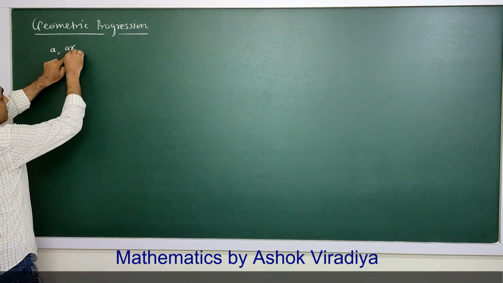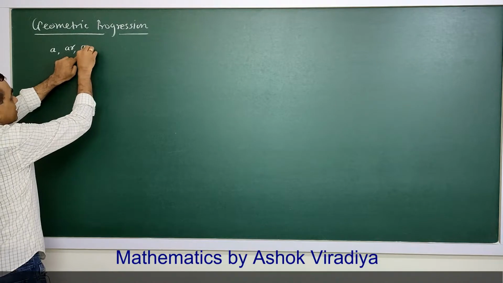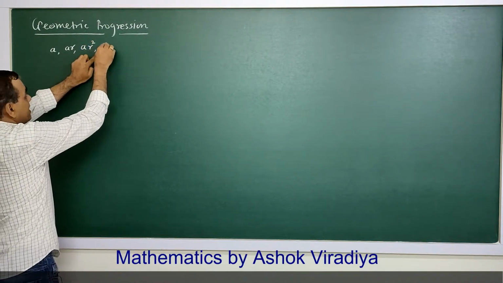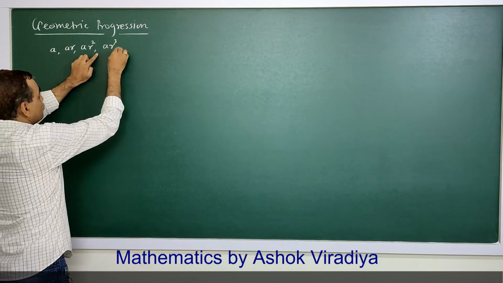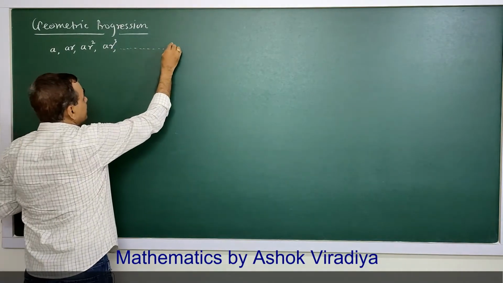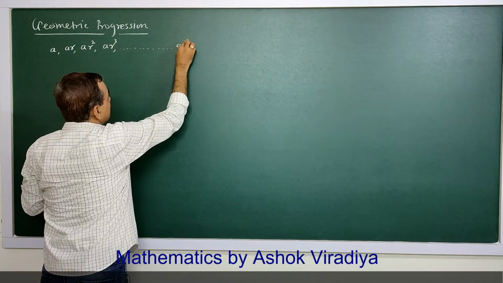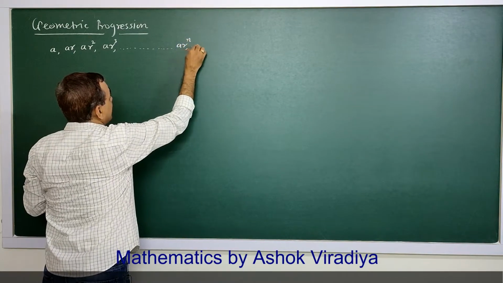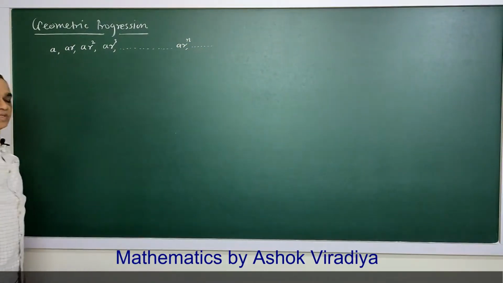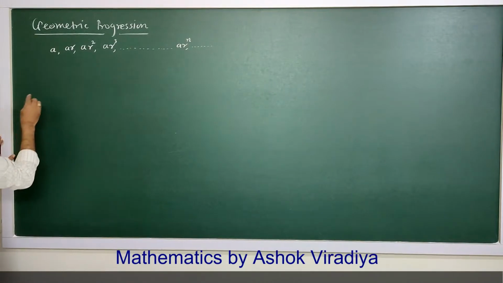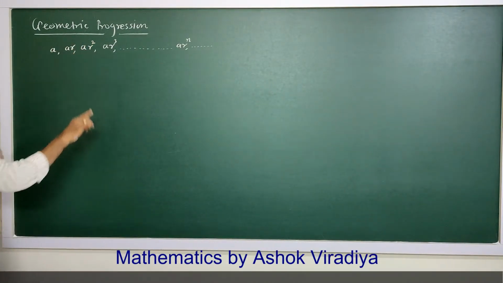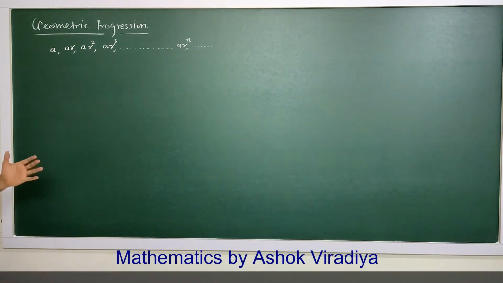So ar, then next is ar square, next is ar cube. Similarly, continuing this, ar raised to n and so on. This is said to be geometric progression or geometric sequence.